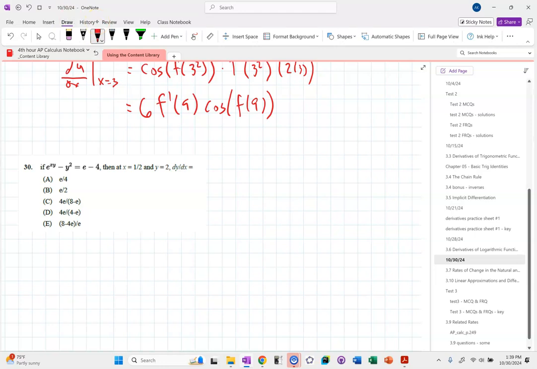And then we're saying at x equals a half and y equals 2, what is the derivative? So I'm going to start by taking the derivative of both sides.